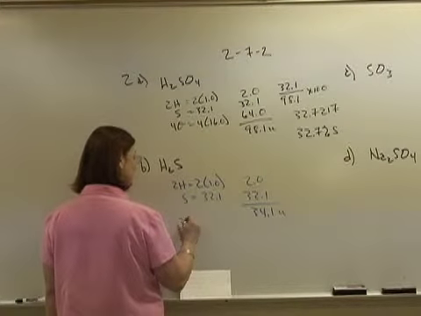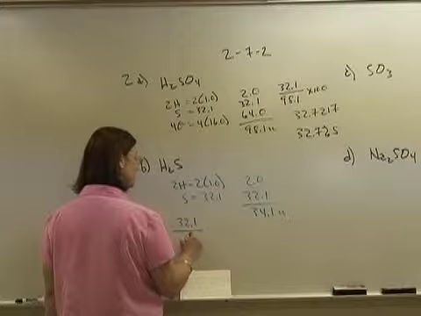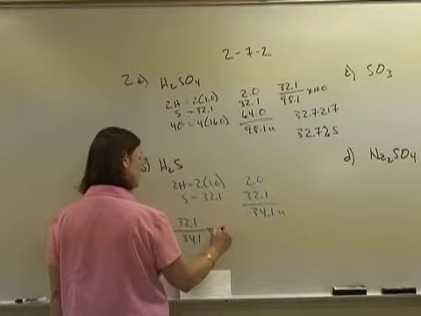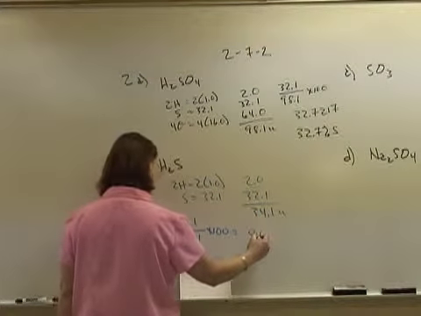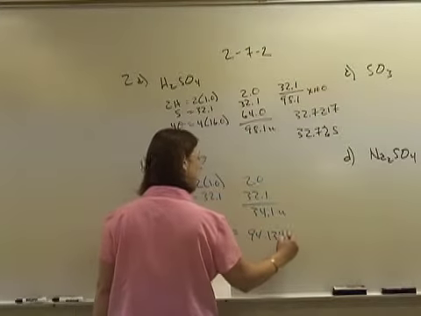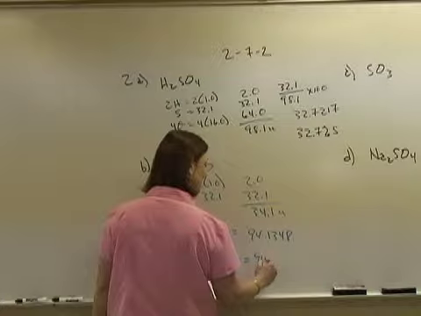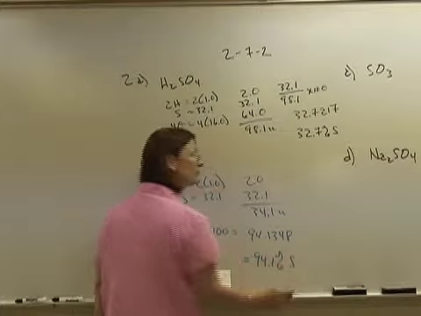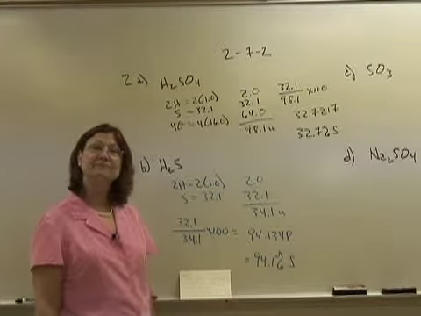And I take my 32.1 divided by my total times 100, and I get 94.1348, and therefore it's 94.1% sulfur in that compound.